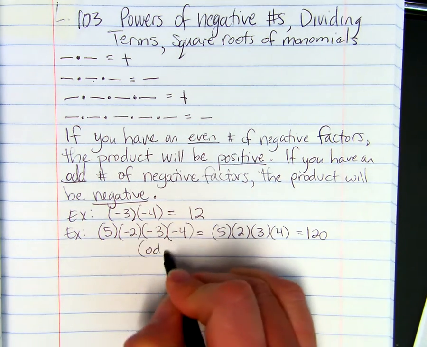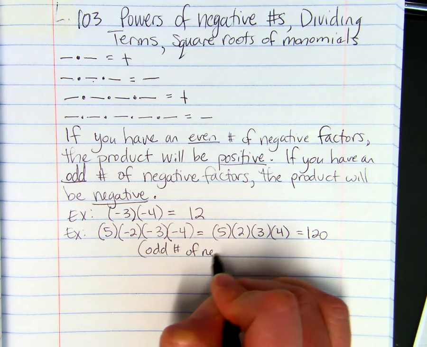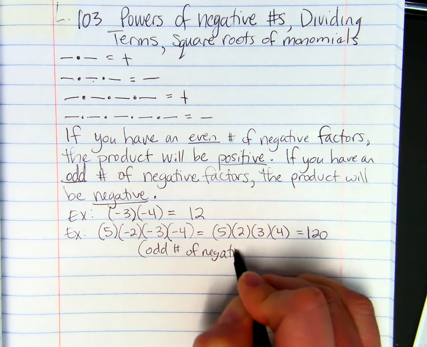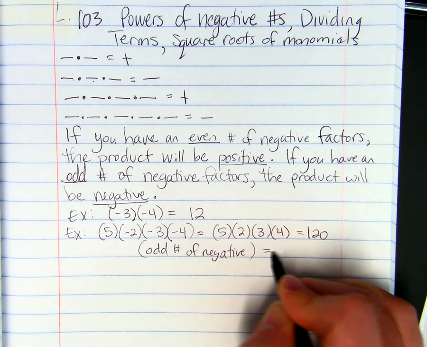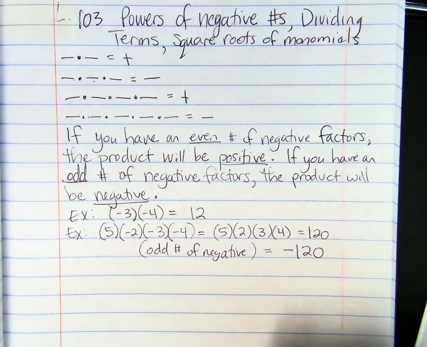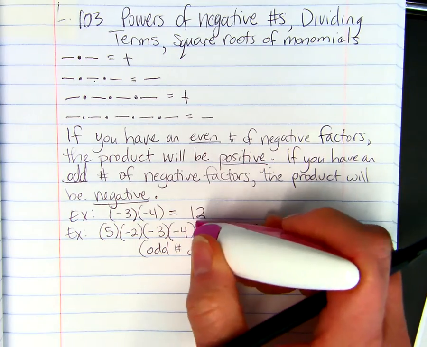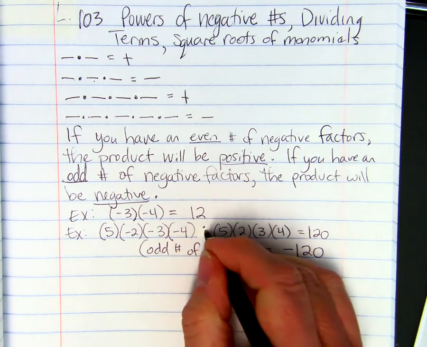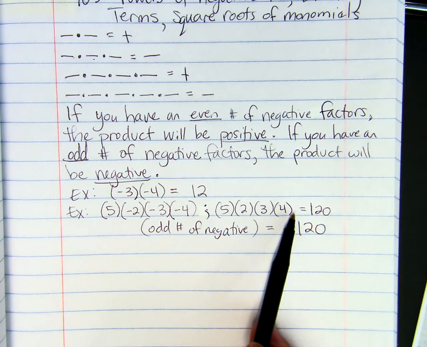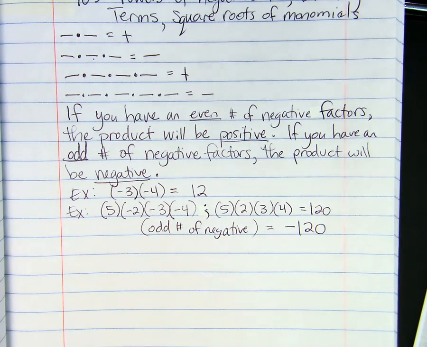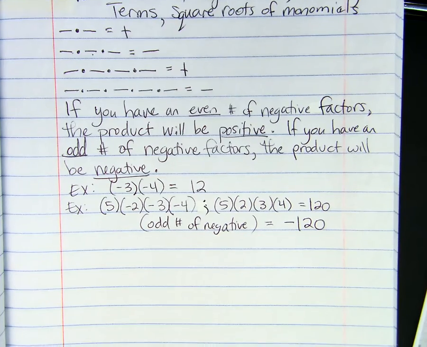But since we have an odd number of negatives, it's going to be negative. So we think of just multiplying the number parts and counting up if they're odd or even to know if our answer is negative or positive.